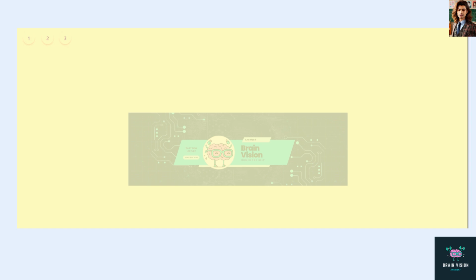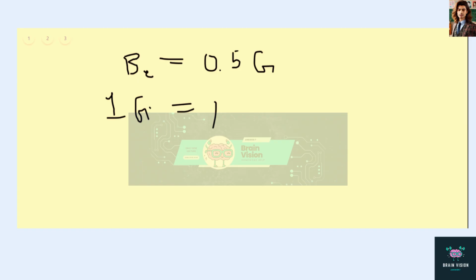So it's given that the Earth's magnetic field is 0.5 Gauss. And we know that the relation between the Gauss and Tesla is, 1 Gauss equals 10 raised to negative 4 Tesla.